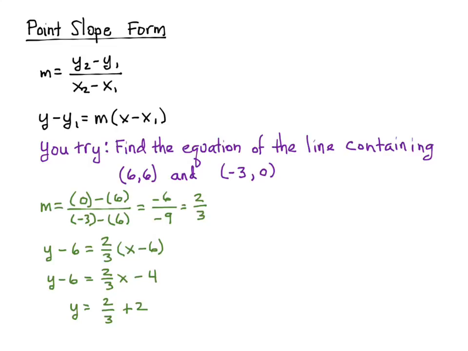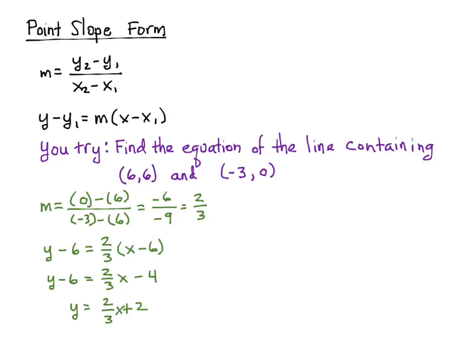So 2/3 of negative 6 is negative 4, and then I add 6 to both sides, and I get y equals 2/3 x. Oops, that should be x, not just 2/3. Let me make a correction here. Okay, 2/3 x plus 2.